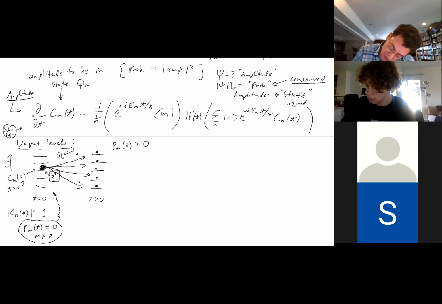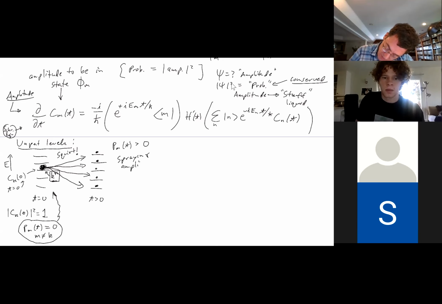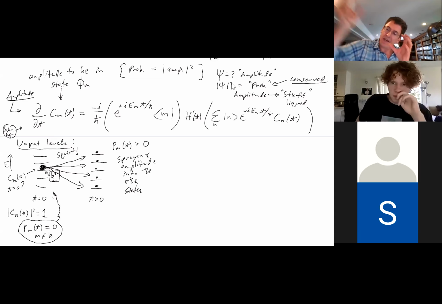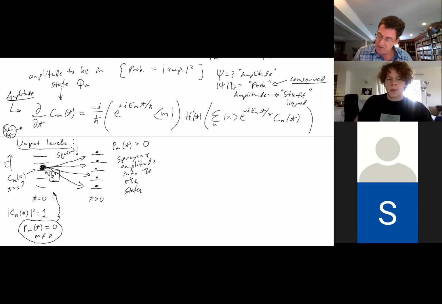But because the green goo gets sprayed into the other states, I'm spraying amplitude into the other states. That's what it's all about. The amplitude starts in one state, but just gets sprayed into the other states. That's what this big equation is telling us. It's telling us how the amplitude is sprayed.